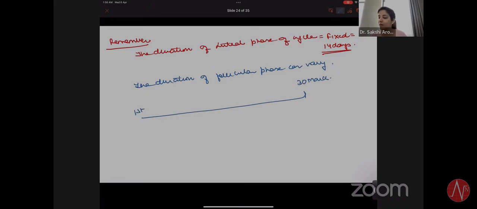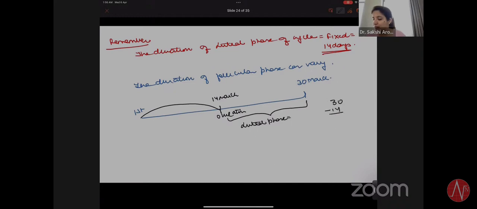Now if I tell her that she is going to ovulate on 14th March, that means the luteal phase I have made will be 30 minus 14 days, and that is 16 days.